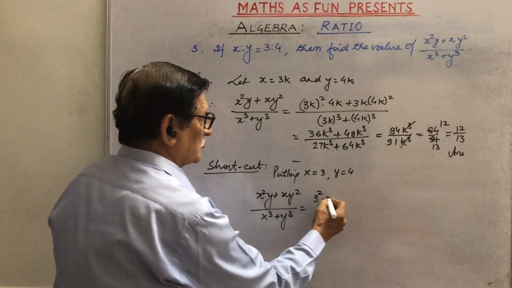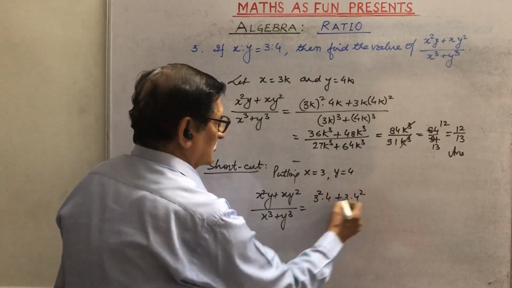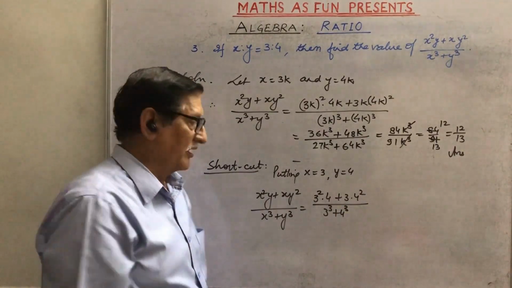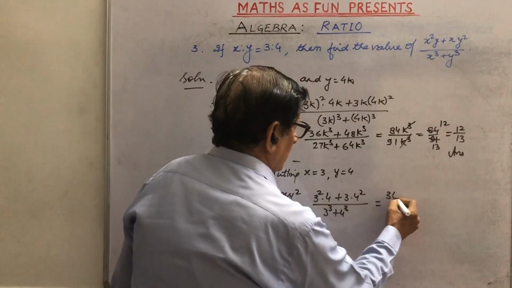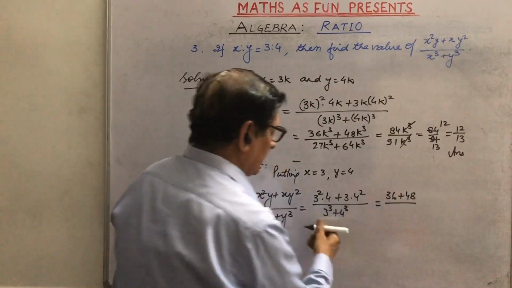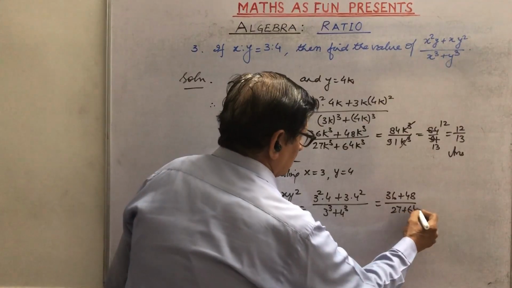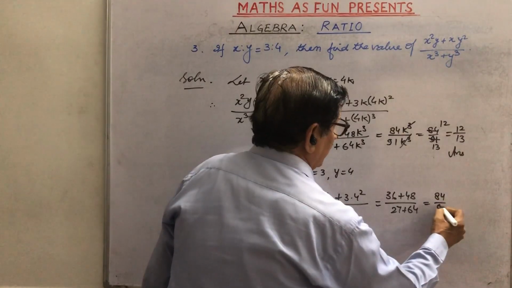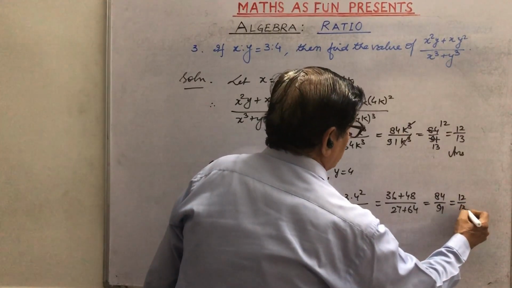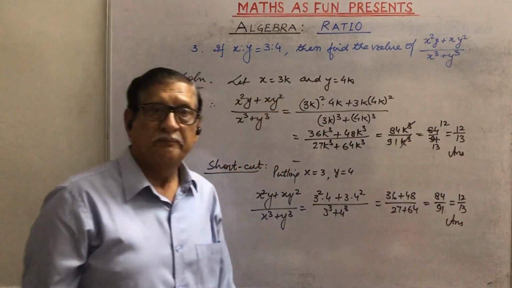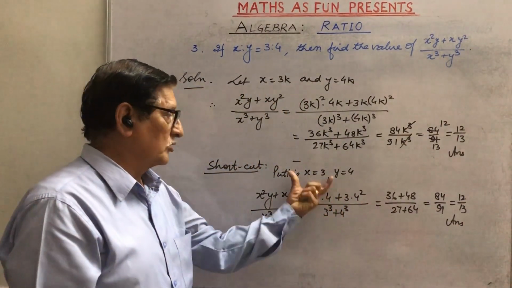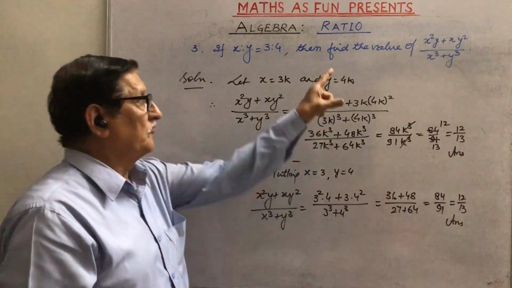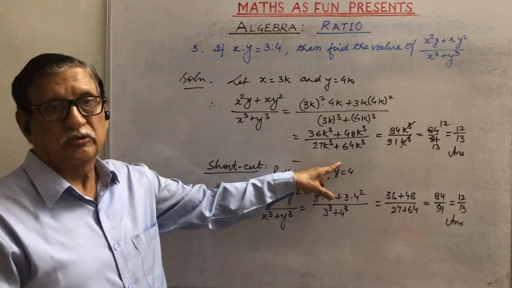It is coming as 3 square into 4 plus 3 into 4 square upon 3 cube plus 4 cube. And we get here 36 plus 48 divided by 27 plus 64, which is equal to 84 upon 91, and simplifying we are getting 12 upon 13. Like this we can apply the shortcuts in MCQs, but as per the descriptive method we have to apply this particular method only.